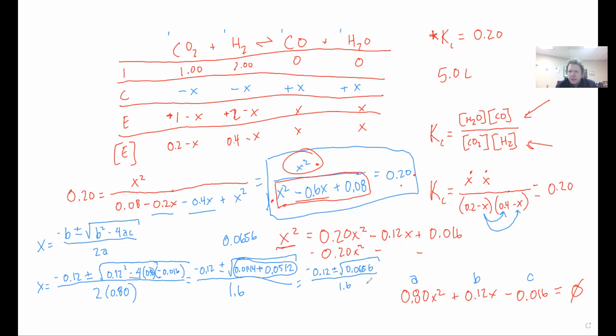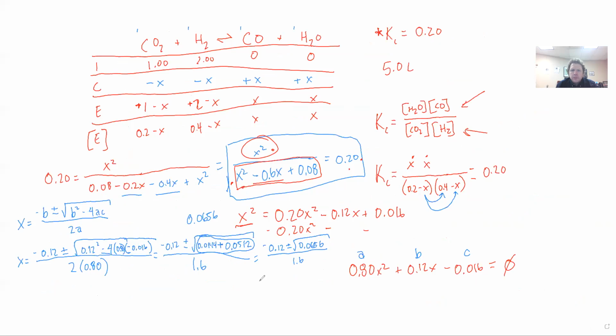Okay, so I'm basically looking at, and I'm going to work below here, so negative 0.12. I'm just going to go with plus. So I'm going to start out by adding, because I know that I have a negative value here, and chances are, if I'm subtracting from a negative value, it's going to become more negative.